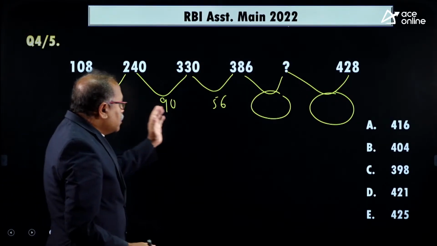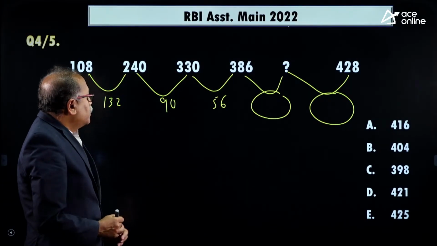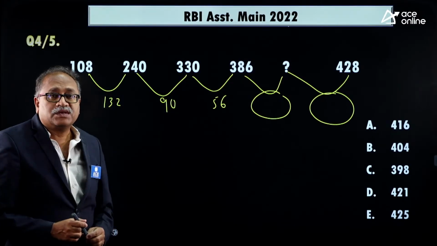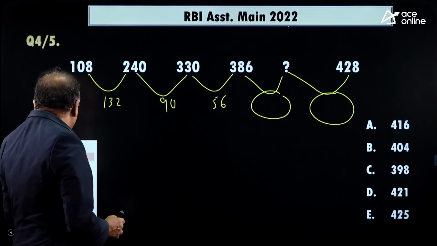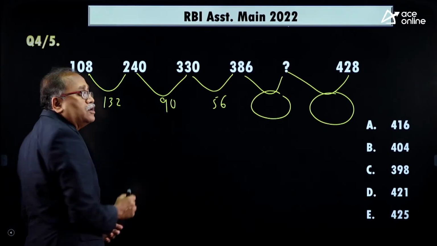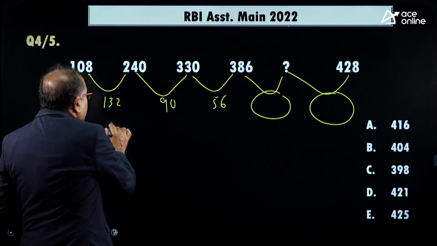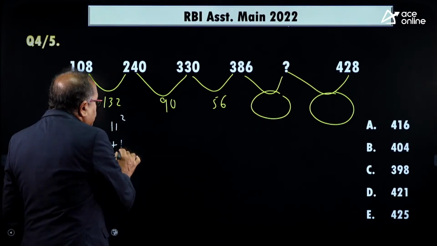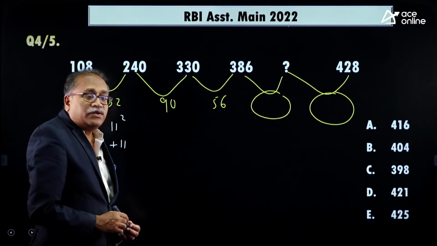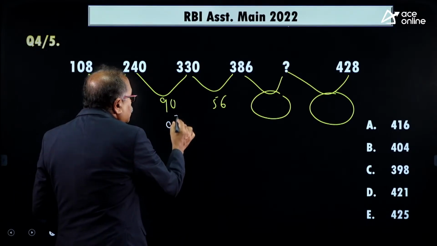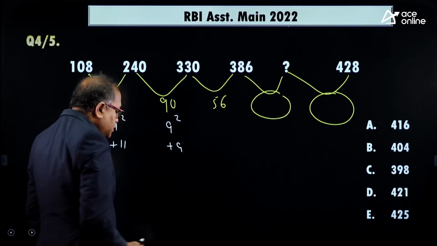So, look at the logic on these numbers. What is the logic of these numbers? Did you notice that this is 12 into 11, or can I write this as 11 square plus 11? The same way here it could be 9 square plus 9, that is okay.